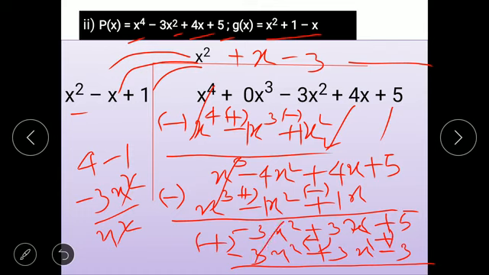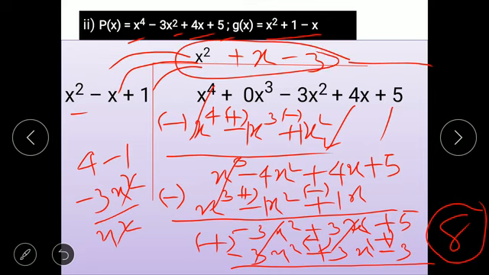Cancel. 3x minus 3x cancel. 5 plus 3. What is remaining? 8. So this will be the remainder and this one is the quotient there. Write the answer there. Quotient is equal to this one and remainder is equal to 8.